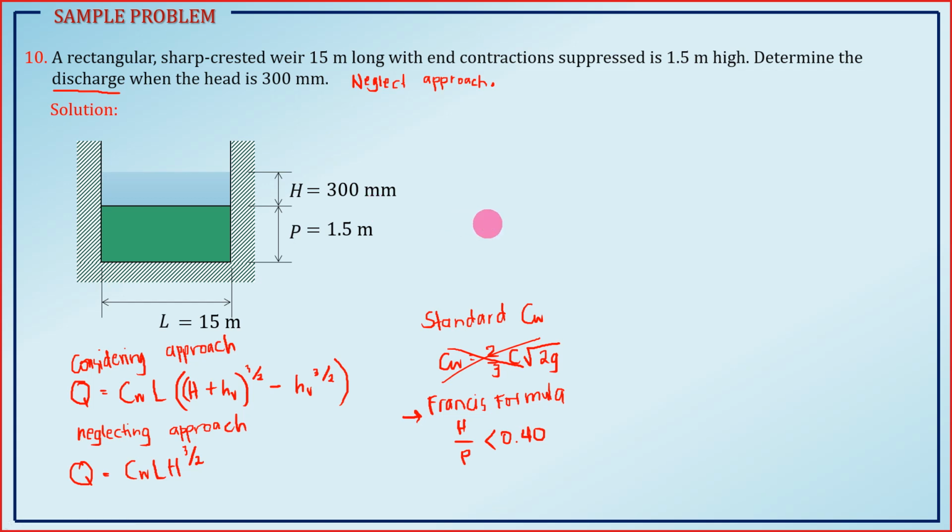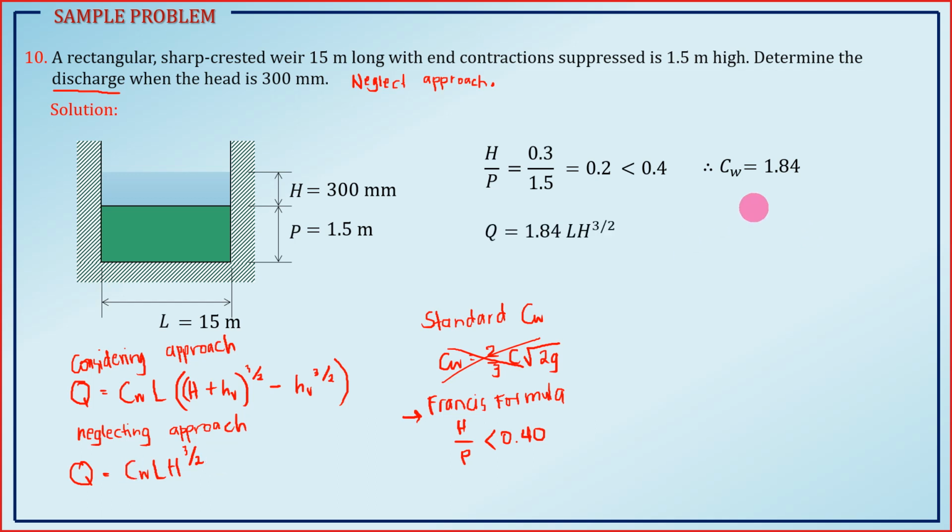So, for the H over P, that is equal to the head na 0.3 divided by 1.5. Solving for H over P, yan ay 0.2, which is less than 0.4. Meaning, yung CW na gagamitin is 1.84. So, substitute natin yung 1.84 sa equation natin for Q na neglecting the approach. So, Q would be 1.84 LH raised to 3 halves.